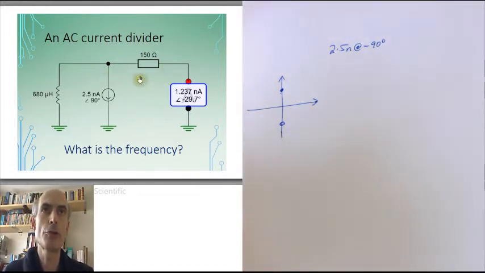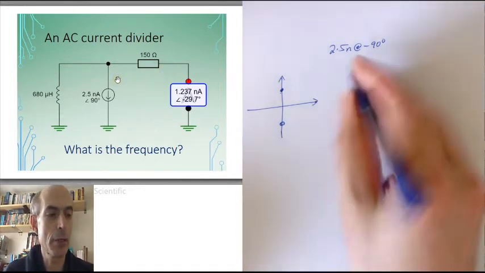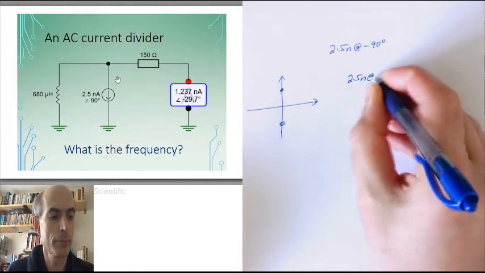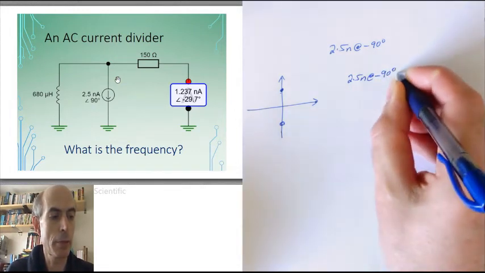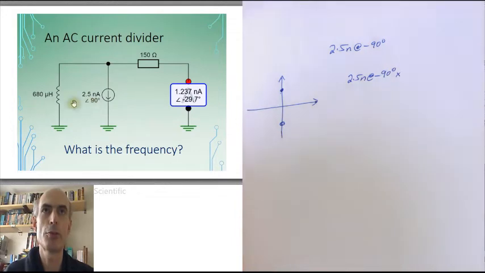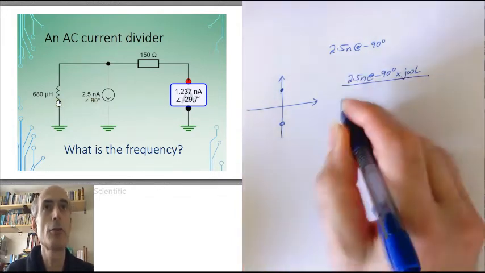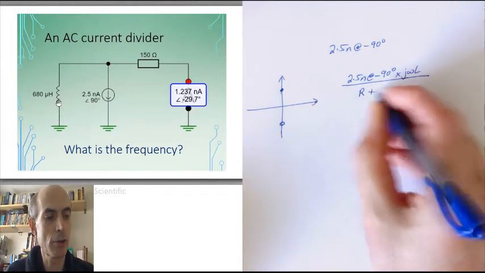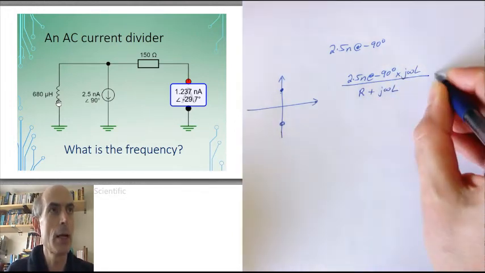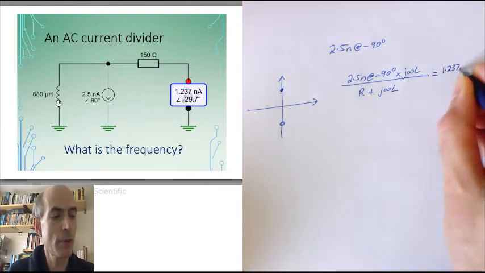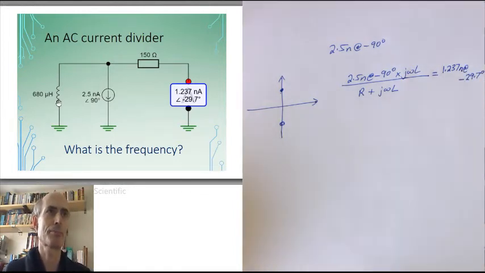The current that flows through the resistor I can get from the current divider equation. That's just the total current multiplied by the other impedance, which in this case is j omega L, divided by the total impedance in the circuit, in this case R plus j omega L. And I know what that is. I know that's 1.237 nanoamps at a phase angle of minus 29.7 degrees.